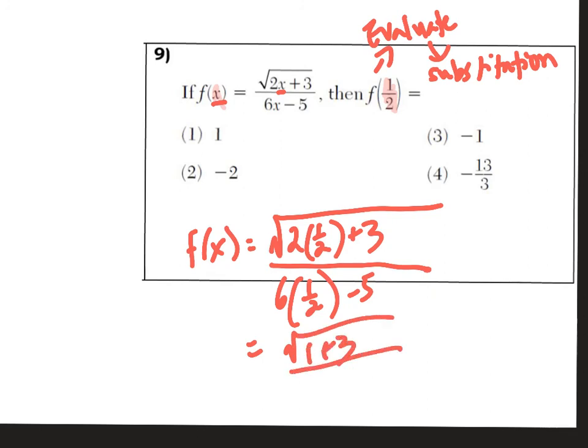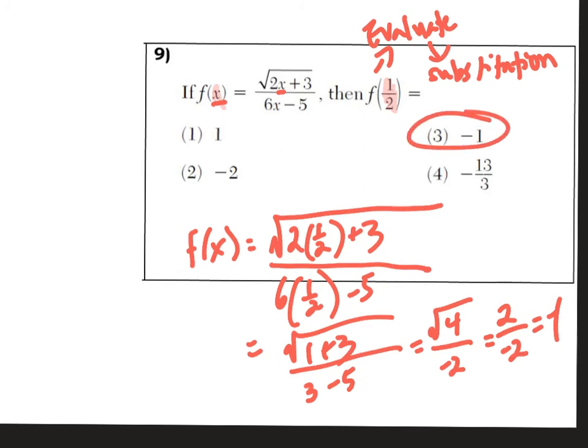Square root of 1 plus 3, all over 6 times 1/2 is 3 minus 5. This is really square root of 4 divided by 3 minus 5 is -2. The square root of 4 is 2 divided by -2. 2 divided by -2 is -1, so my answer choice is 3.